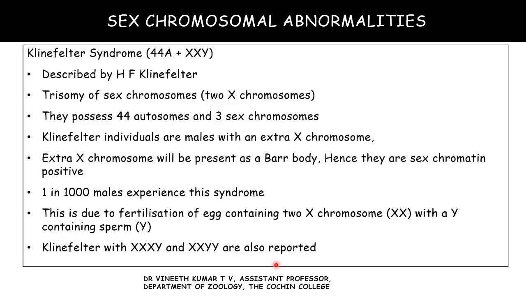They are called males because an individual who has a Y chromosome as a part of the sex chromosomes will be considered male. Whatever be the number of X chromosomes, let it be 3 or 4, if that individual has a Y chromosome, the individual will be considered a male.